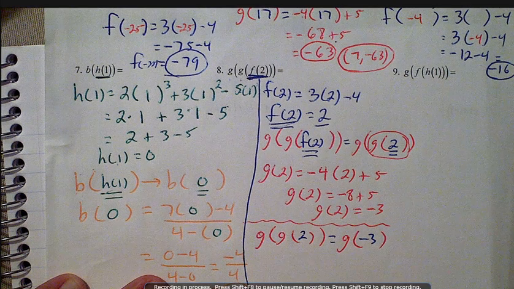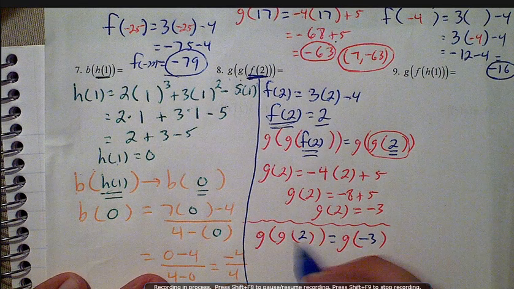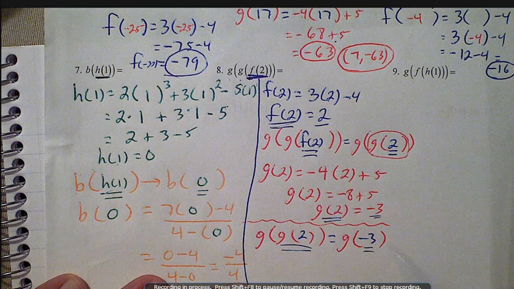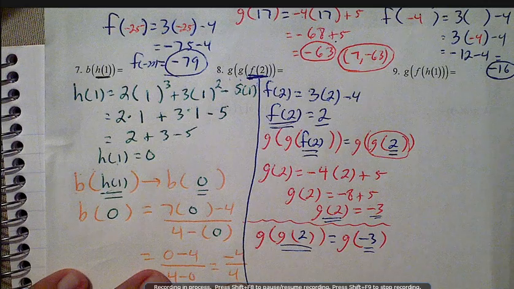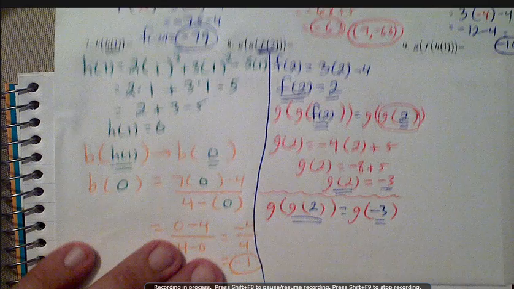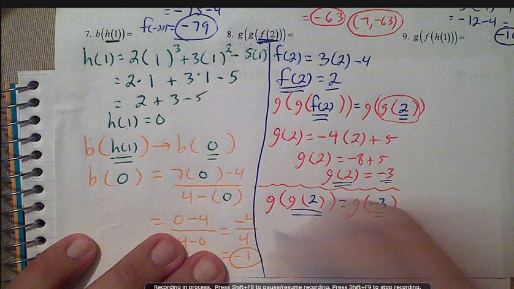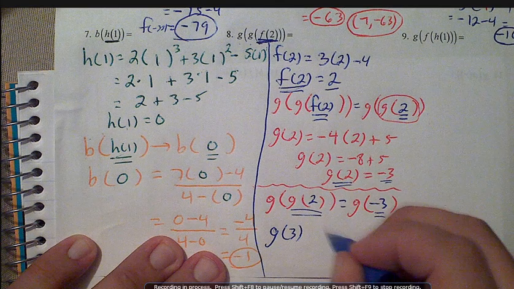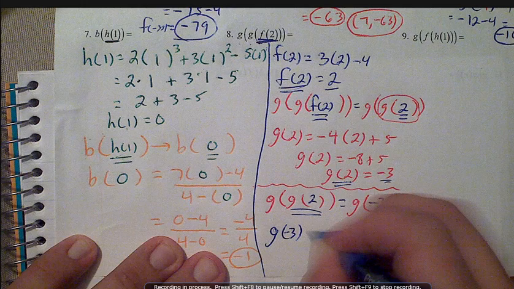Okay, so g of negative 3: negative 4 times negative 3 plus 5, 12 plus 5, so your final answer is 17.